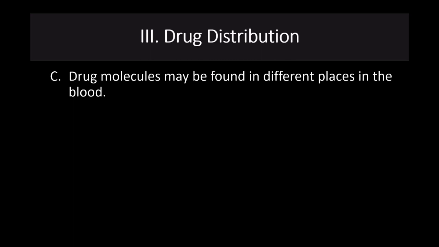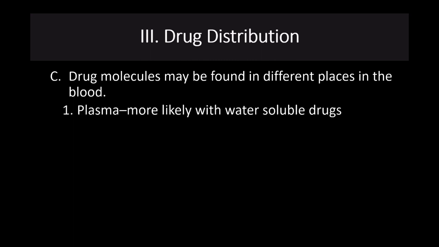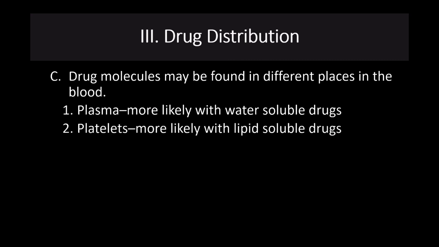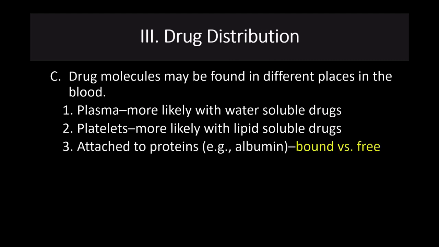Drug molecules, of course, are often found in different places in the blood itself. Plasma is most likely to be carrying water-soluble drugs. The platelets will be carrying more lipid-soluble, fat-soluble drugs. It really depends on the type of drug we're talking about. They can oftentimes also be attached to proteins, something like albumin, and we call these bound versus free versions of these particular molecules.